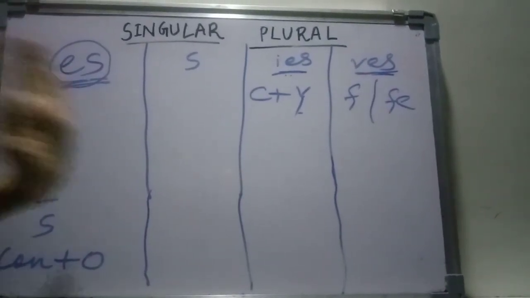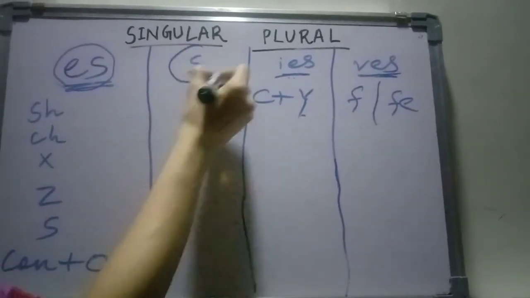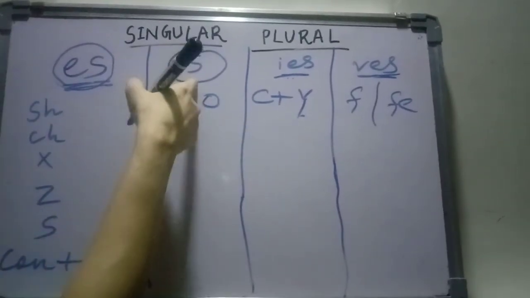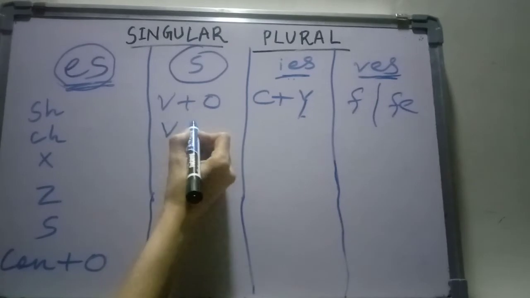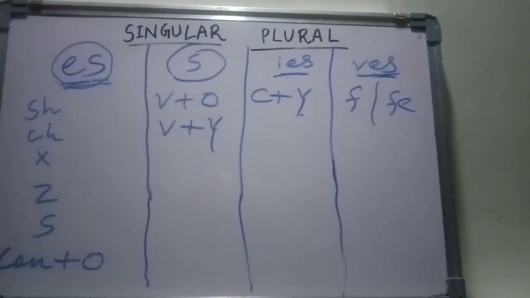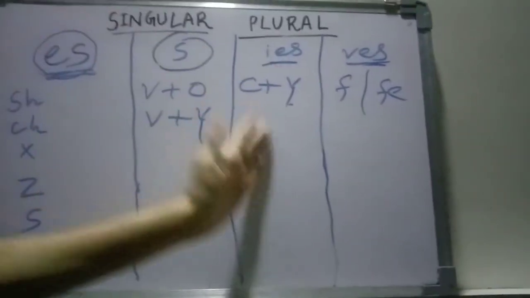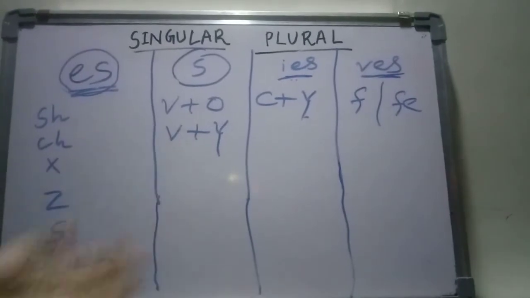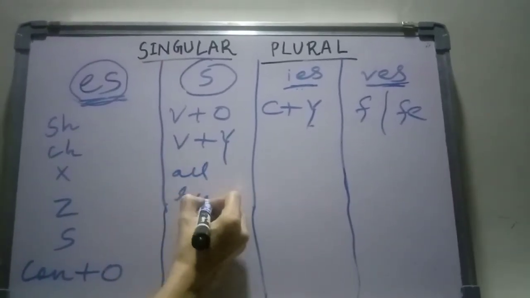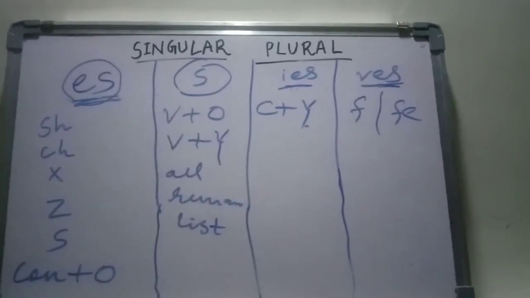Now, these are the 4 broad categories. Okay. Now, s. s अभी हम किस किस के साथ लगाएंगे? Vowel plus o के साथ हम s लगाएंगे. वॉवल प्लस y के साथ भी हम s लगाएंगे एंड बाकी सब वर्ड्स which are not covered in this list, in this list we add s at the end. All remaining words which are not covered we add s to it.